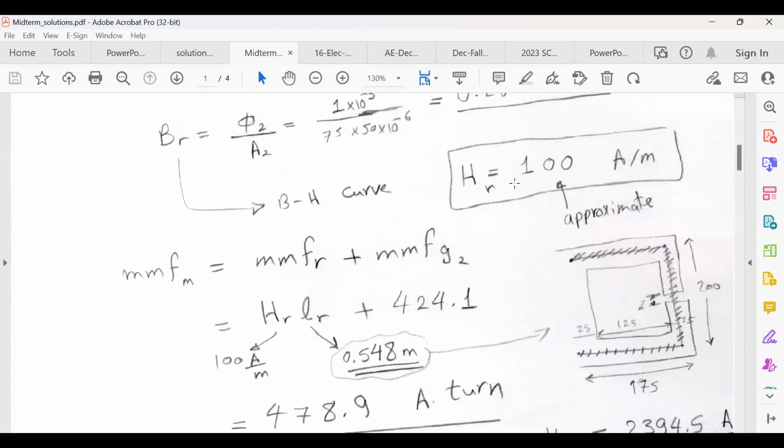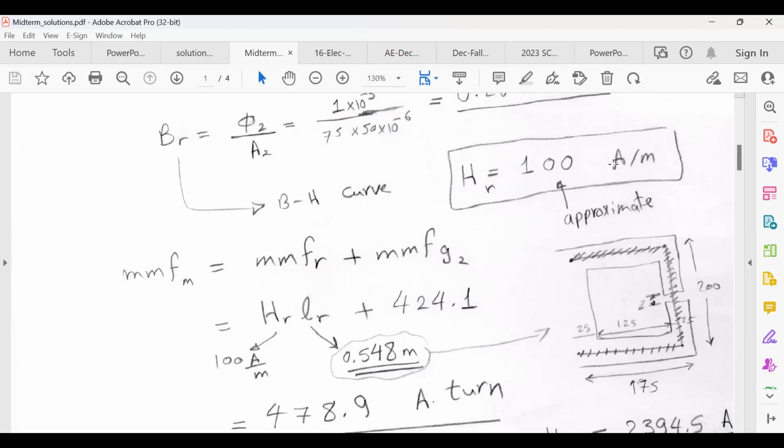One important thing is that here I added something like approximate, because it's very difficult from the curve to get the same number as, for example, your colleague. Even the marking of this question is approximate. I don't look at the exact numbers, but I check that they are close to my numbers. Because this is a B-H curve, I got 100 just as approximate.